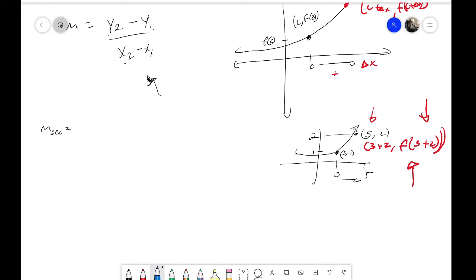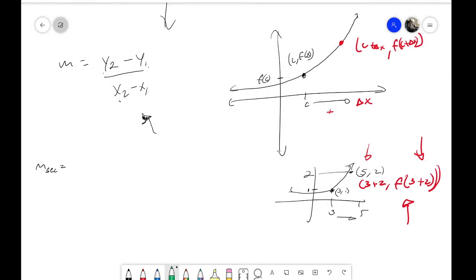But my secant line is precisely this line that goes through these 2 points, c plus delta x, f of c plus delta x, and c, f of c. So let's say this is y2, which makes this my x2, and that will force this to be my y1 and this my x1.